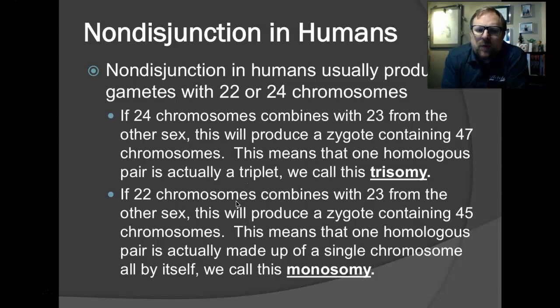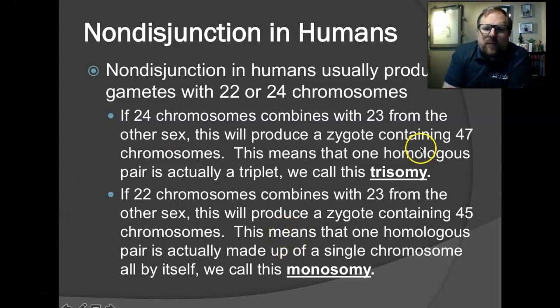So gametes with 22 or 24 chromosomes are usually going to produce an individual who would have 45 chromosomes or might have 47 chromosomes if you bring a normal gamete in as the other part of the pair.